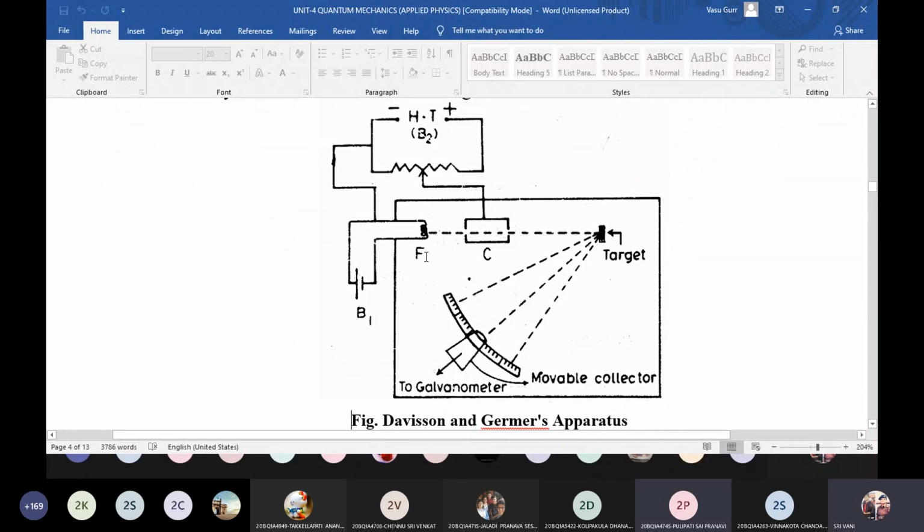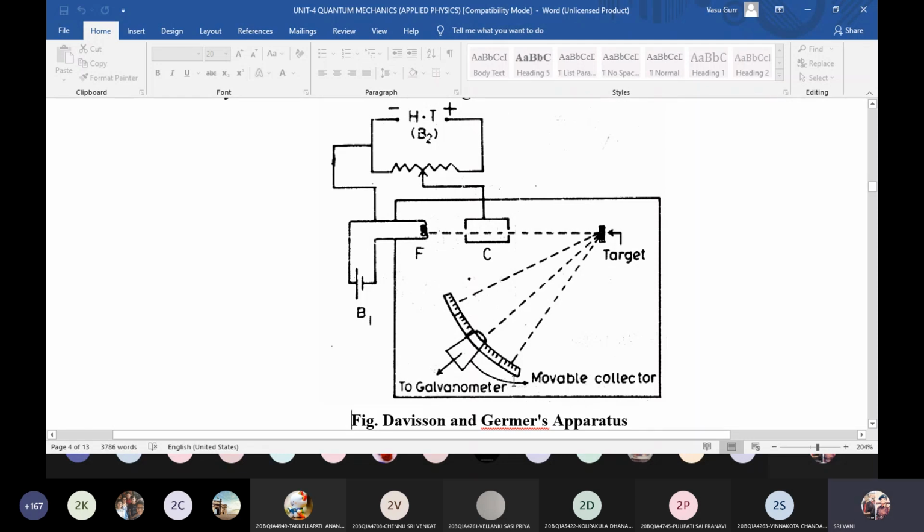Filament is made up of which material? Tungsten. Yes. Target is made up of which material? Nickel, ma'am. And the next one. To collect the electrons, we need a collector.